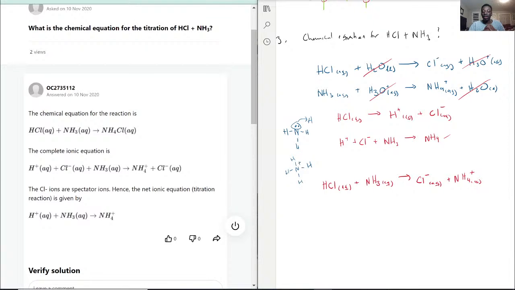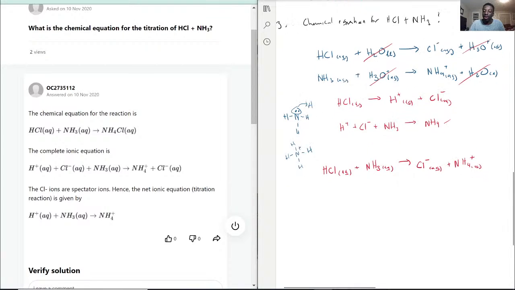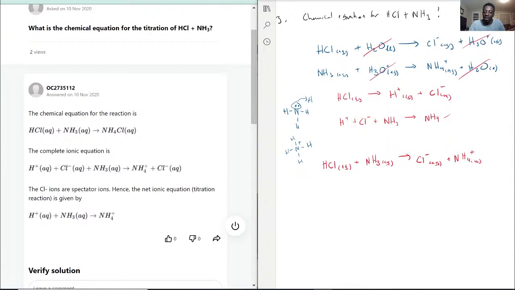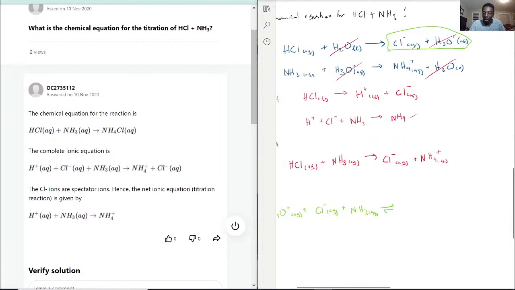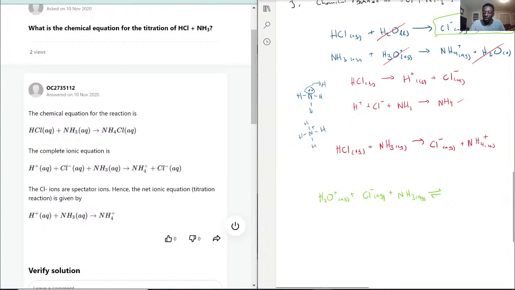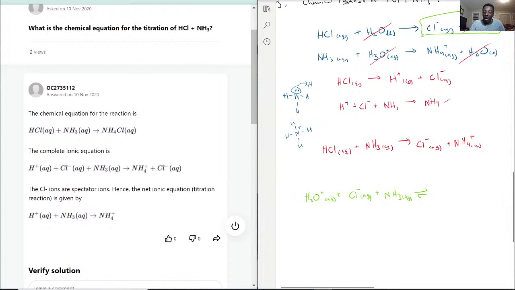So I would actually do a mixture of both. We're still going to use this here, because that's what it dissociates into, at least in water. So we have H3O plus Cl minus, plus NH3, turns into, because this is a weak base, we don't know how much of the reaction actually goes through.